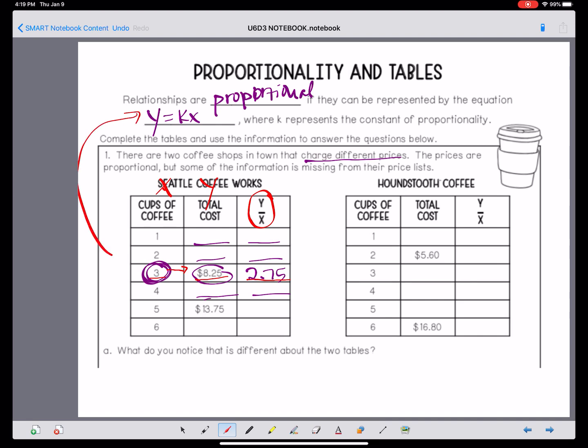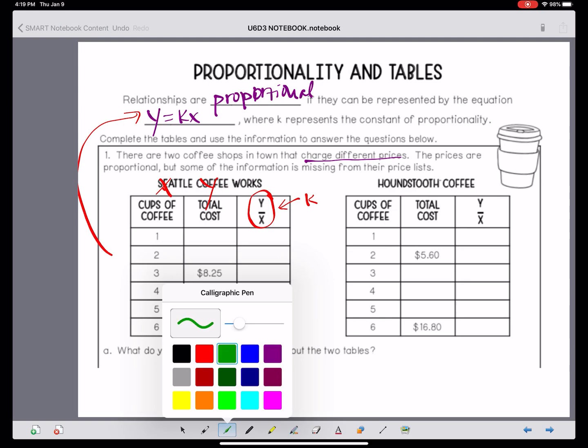My y value, or $8.25, is equal to my k value times x. So if I do $2.75 times 3 cups of coffee, it will cost me $8.25. And we can do that for every single one of these in this box. So I'm going to erase all of this stuff that I just wrote out, and we'll try and make it nice and simple for you.